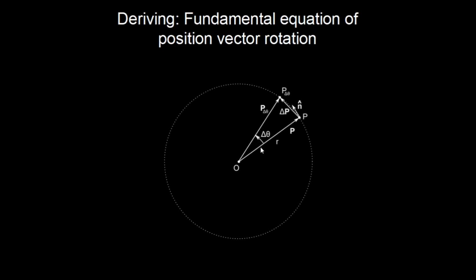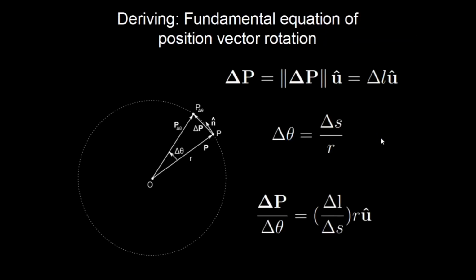Delta bold P is the difference between vector bold P sub delta theta and vector bold P. N hat is a unit vector that's perpendicular to vector bold P. Here, vector delta bold P equals the magnitude of the vector times u hat, which is the unit vector of delta bold P.